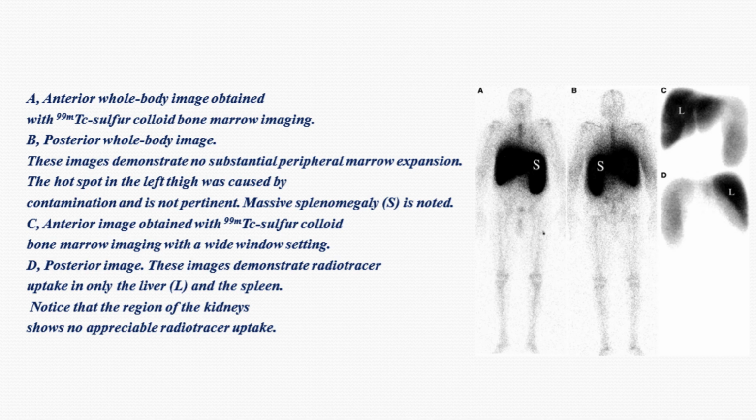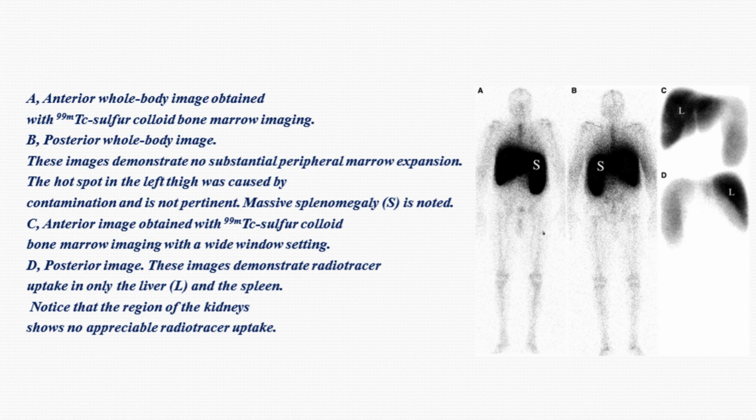The hot spot in the left side was caused by contamination and is not pertinent. Massive splenomegaly is noted. Image C, anterior image obtained with technetium-99m sulfur colloid bone marrow imaging with a wide window setting, while D, posterior image.